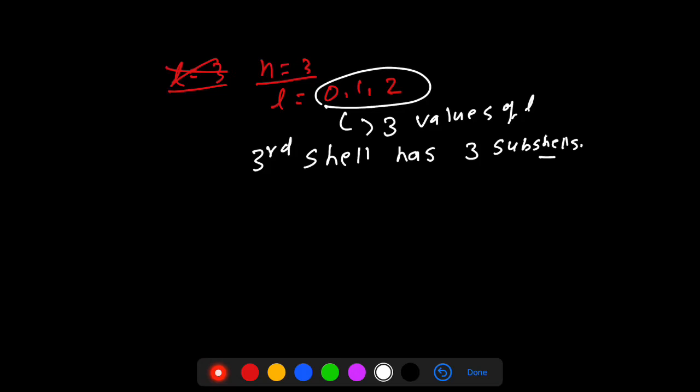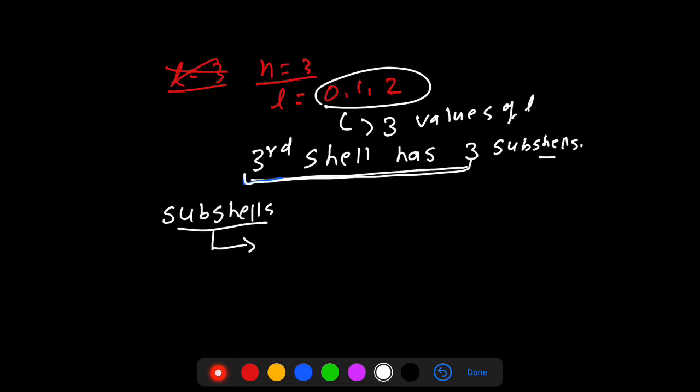In a similar way, you just find the number of values of L. The number of values of L will tell you how many subshells are there in a given shell. Fine. So we understood how we find the number of subshells in a given shell.